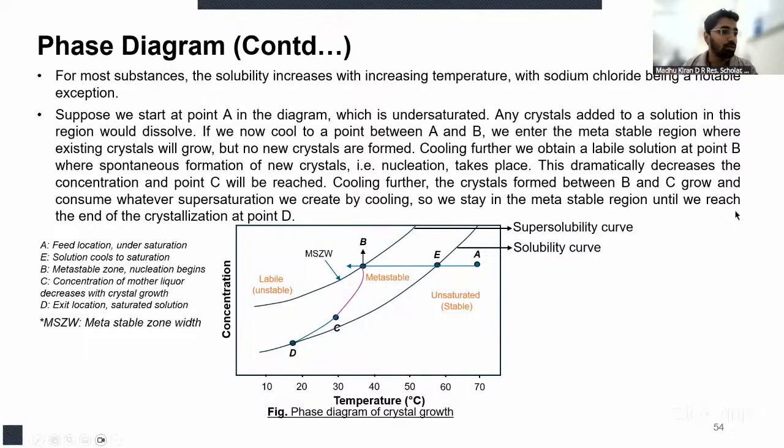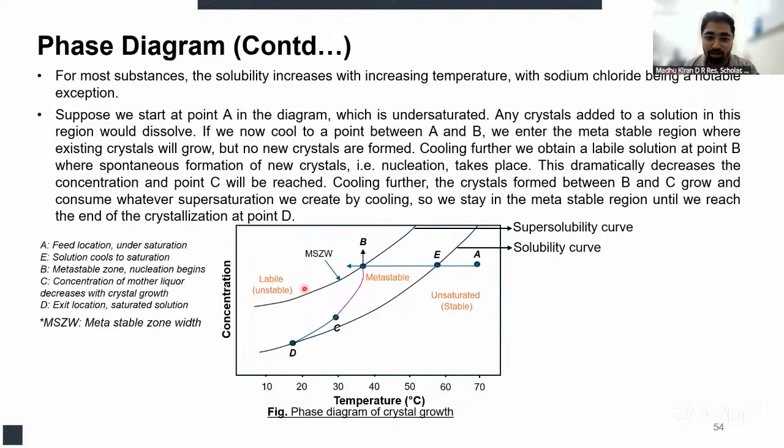So suppose this is the metastable zone width, the region between the two lines. On the right side it is the unsaturated zone, meaning the saturation solubility has not been reached in this phase. And on the left side it is the supersaturated zone.